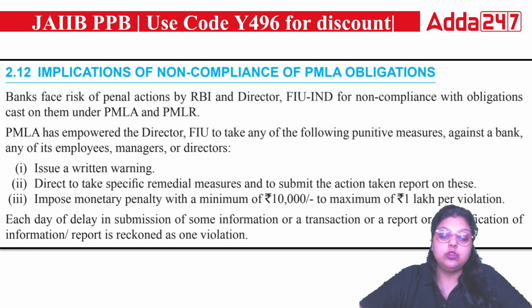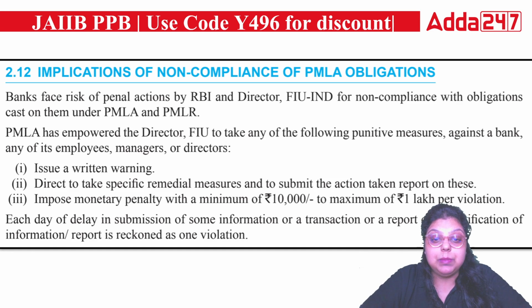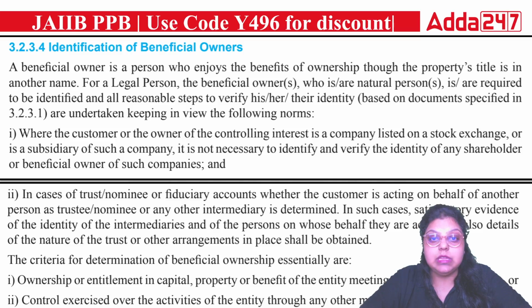Also, it can impose a monetary penalty with a minimum of 10,000 to a maximum of 1 lakh per violation. So these are certain punitive measures that can be taken by the Director of the Financial Intelligence Unit India against a bank, any of its employees and its managers or directors, in case they do not comply with the PMLA or PMLR obligations.